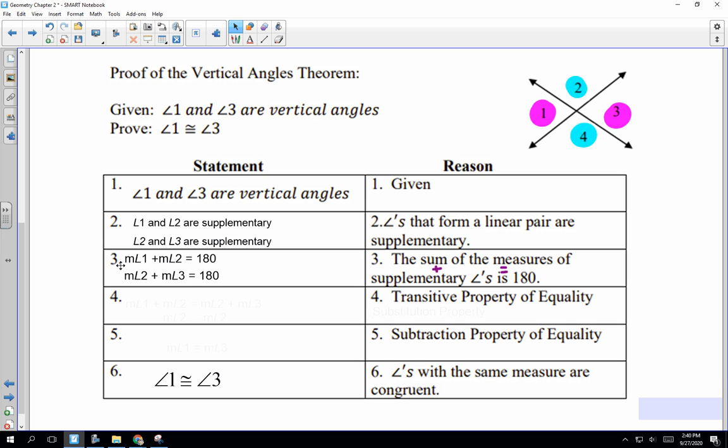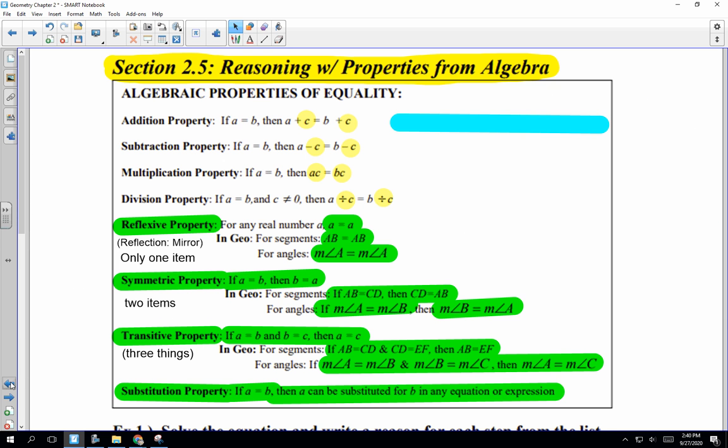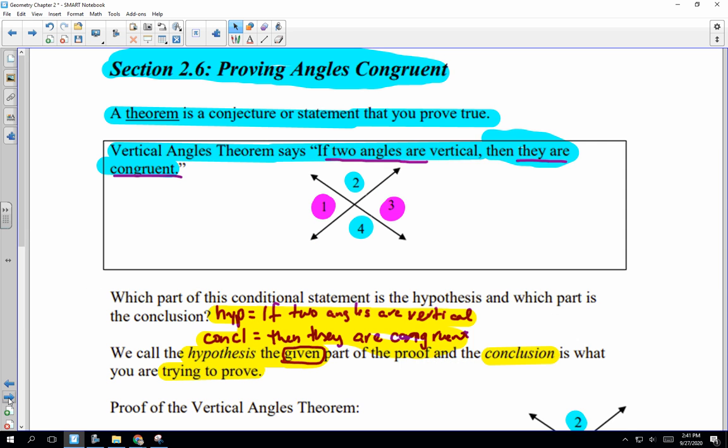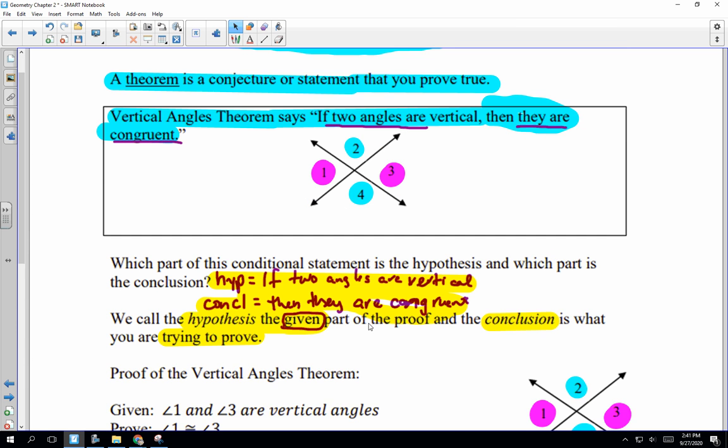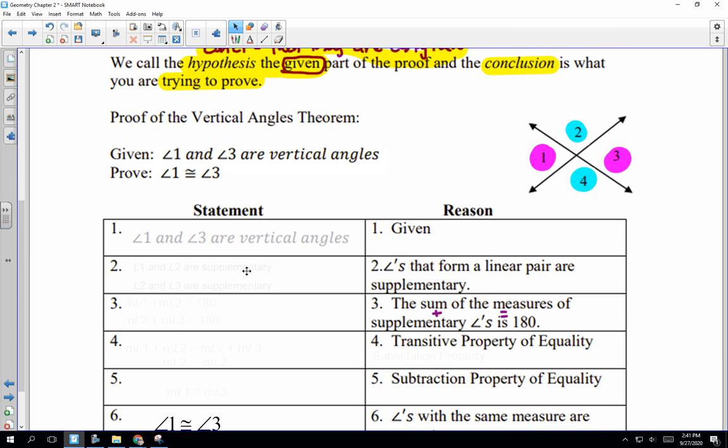If angle 1 plus angle 2 is equal to 180, and 180 is equal to the measure of angle 2 plus the measure of angle 3, we take that and pop it back to here, and that's a lot like the transitive property. The transitive property says we're going to take out the 180 and just say the measure of angle 1 plus the measure of angle 2 equals the measure of angle 2 plus the measure of angle 3.